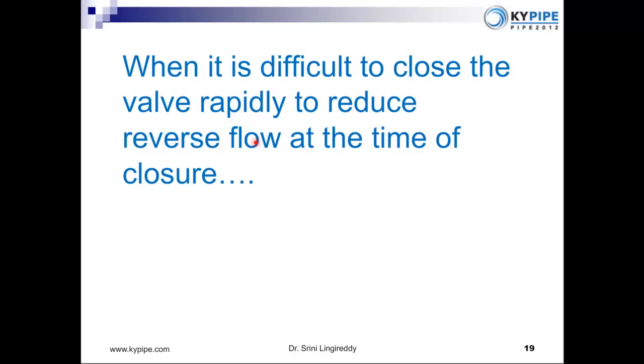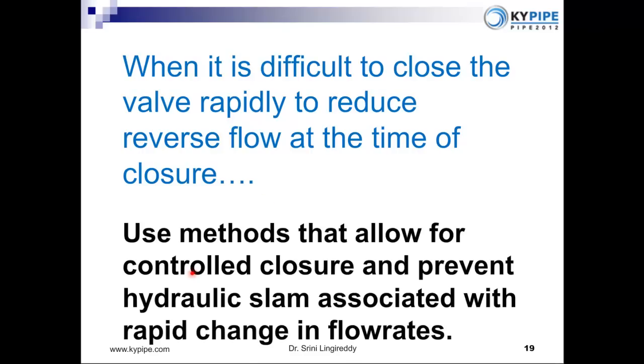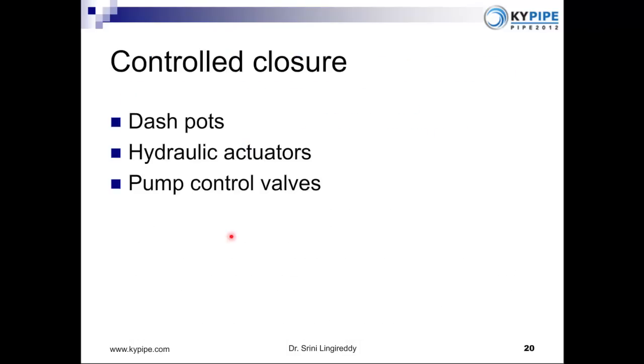When it is difficult to close the valve rapidly, that is within a very short period of time, like less than 1 second, half a second, 0.05 seconds, to minimize the reverse flow, if we cannot achieve that realistically, then we should go with other ways, like methods that allow for controlled closure and prevent hydraulic slam associated with rapid change in the flow rate, at the cost of allowing some amount of reverse flow, but close the valve in a controlled manner instead of the sudden change in the velocity towards the end of the closure.